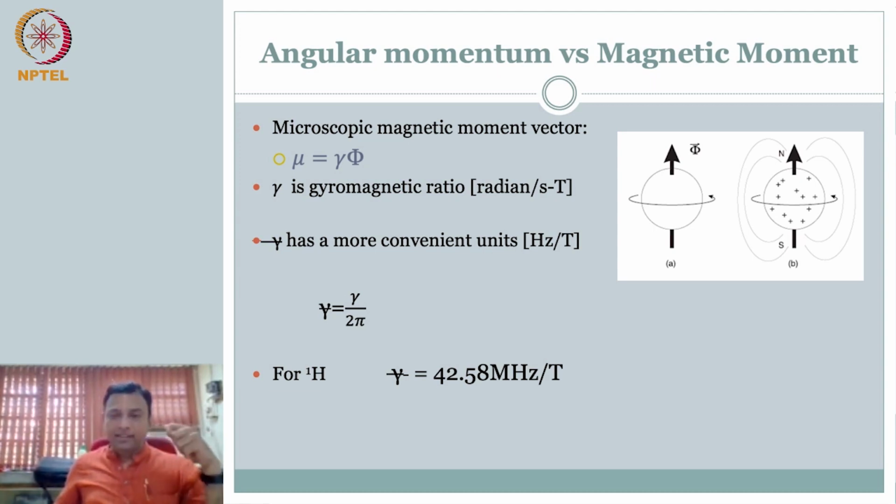What this means is, if I put you in a 1 Tesla scanner, the hydrogen nuclei in your body have a frequency, converted to hertz, of 42.58 megahertz. I'm hesitant to call it that because we'll introduce the terminology of gyration frequency in the next slide.